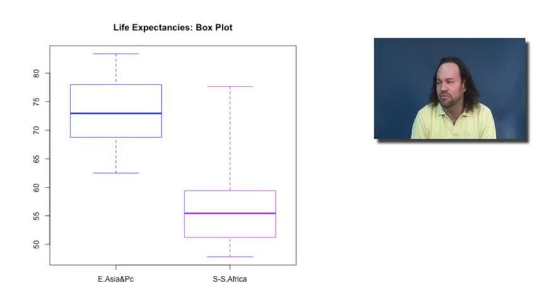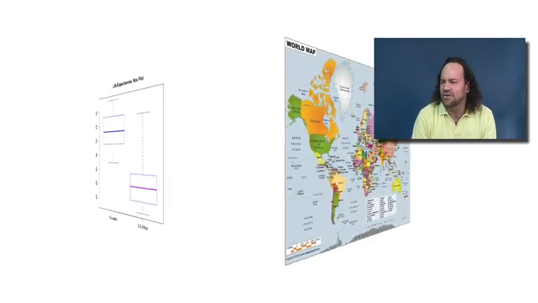And looking at these 2 box plots, we can say that sure enough, most of the box plot for East Asia and the Pacific is quite a bit higher than most of the box plot for sub-Saharan Africa. So this tells us that, yeah, we were pretty much right. It seems that for the most part, life expectancies in East Asia and the Pacific are indeed higher than life expectancies in sub-Saharan Africa. Now let's consider another comparison.